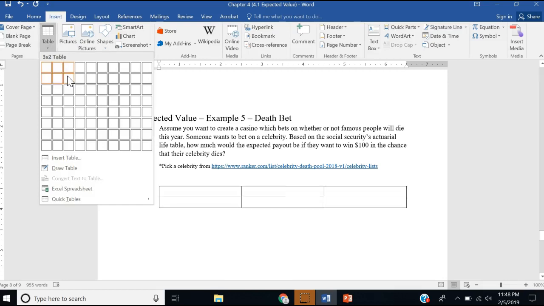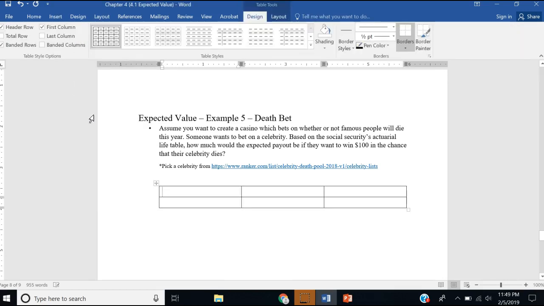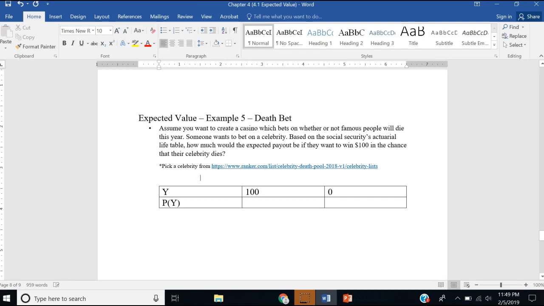Just like life insurance, how you live or die, same thing with Robert Mugabe. Now, we're going to say payouts is $100 if he dies and $0 if he lives. So we create this: Robert Mugabe dies and Robert Mugabe lives.